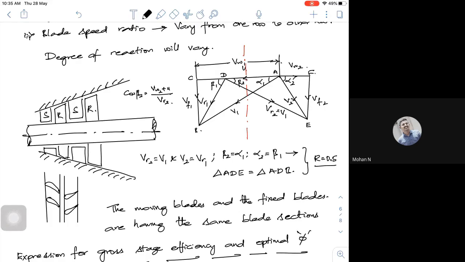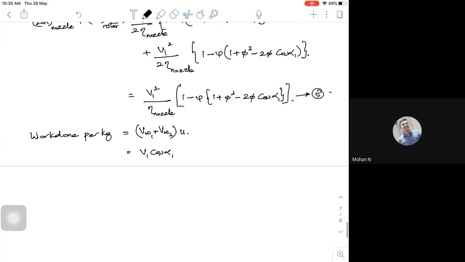But what is my VR2? For this condition, VR2 is equal to V1. So VW2 will be equal to V1 cos beta 2 minus U. I can write it in that particular fashion.